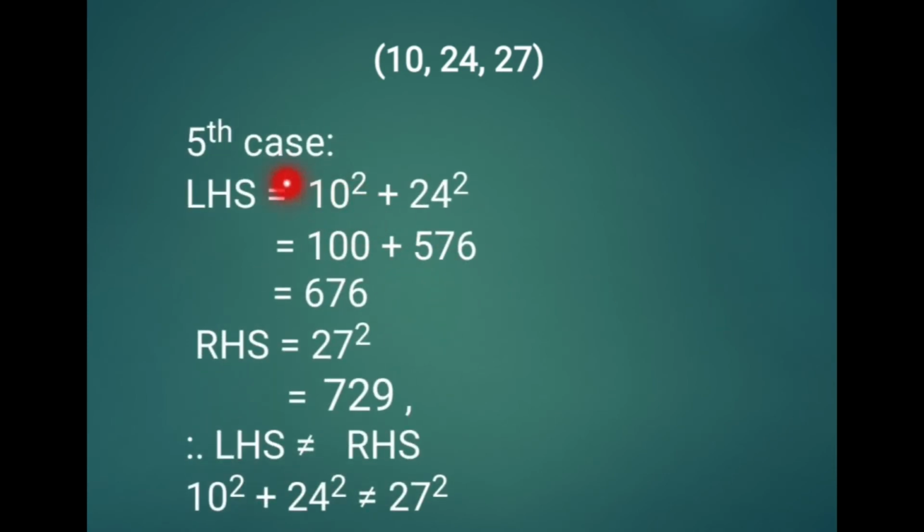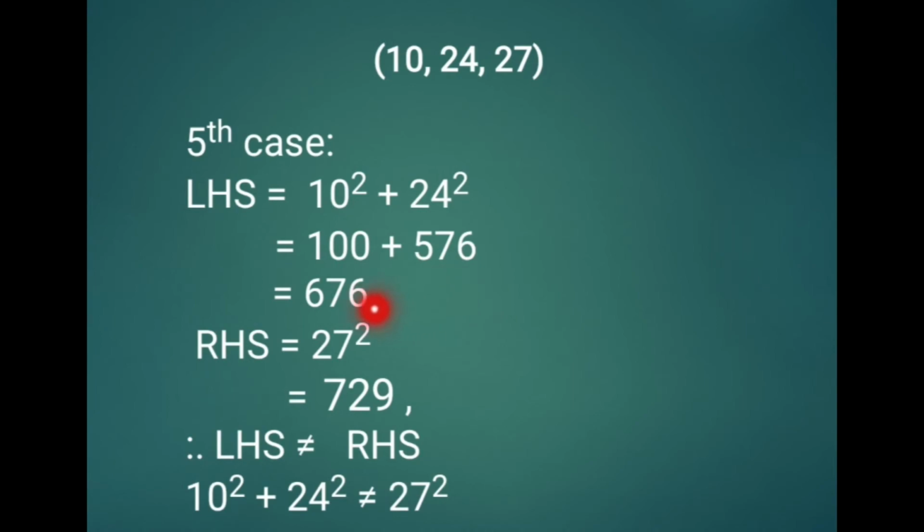Now in this example 27 is the greatest number. So we first find the squares of 10 and 24, and if their sum is equal to the square of 27, then we say that these numbers are a triplet. So in LHS we find the square of 10, that is 100, the square of 24, that is 576.